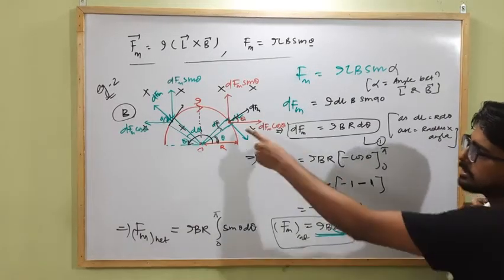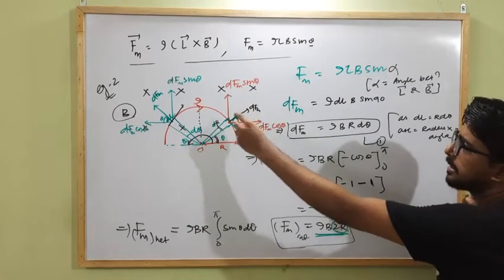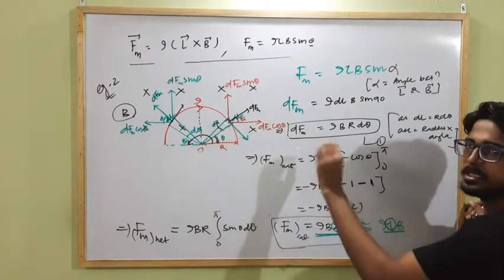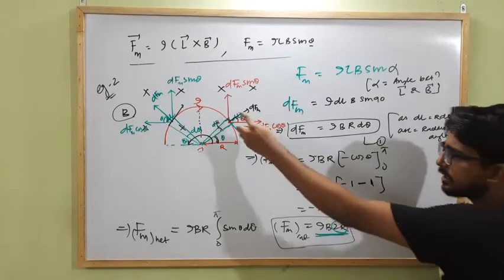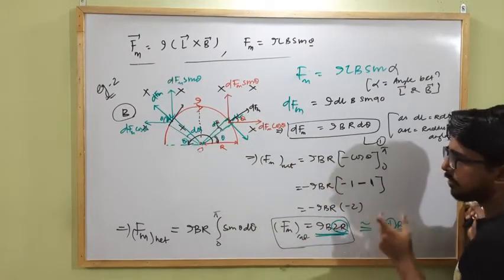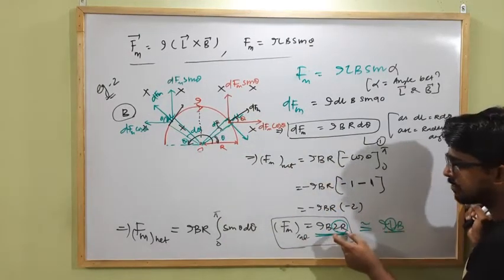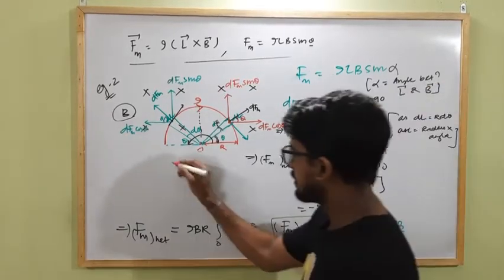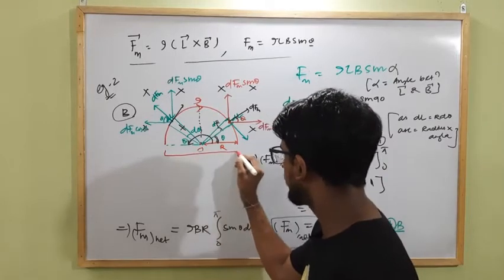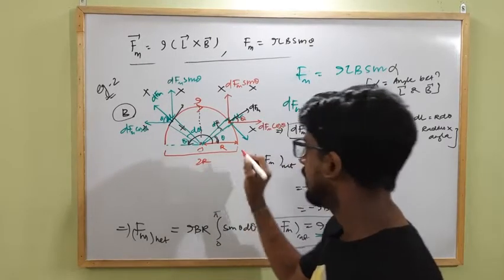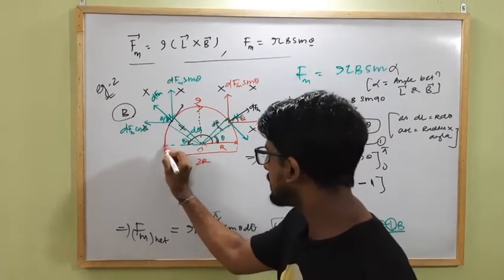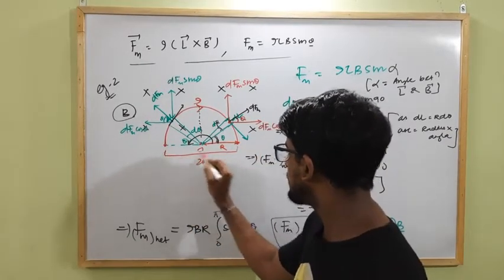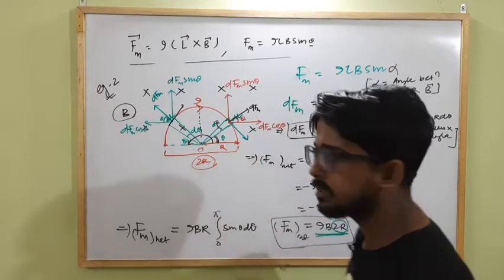Here the magnetic field at each and every point is B, so the magnetic force acting on this segment is IB into 2R, because the length here is 2R. And what is 2R? 2R is this much length, that means from the initial point to the final point, the displacement vector is 2R.